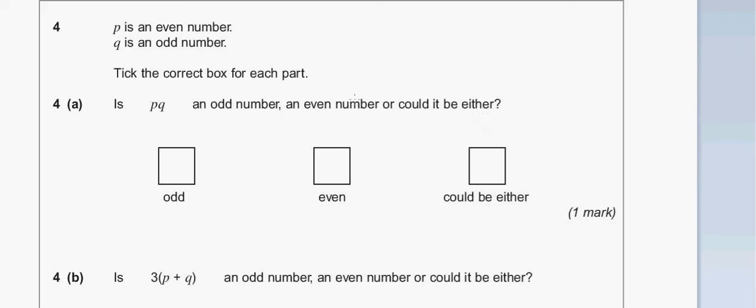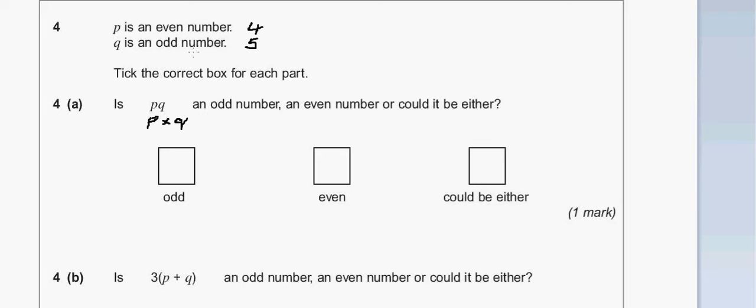Okay, so what I'm going to do now is I'm just going to take randomly an even number. So let's say this is 4. And Q is an odd number. So randomly I'll choose 5. Now PQ. So this is P multiplied by Q. Okay.